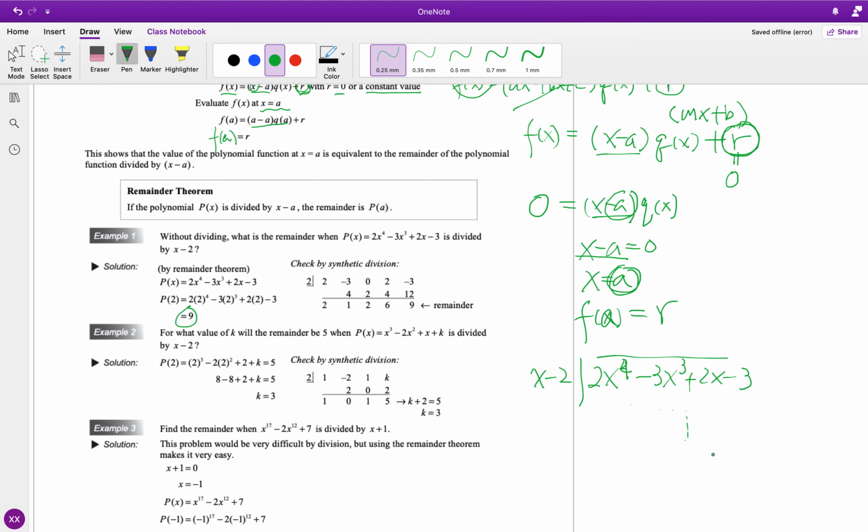In the end, you will have a remainder of 3. But using the theorem, we can just put this 2 into the x, calculate that, and that's your remainder. That is basically what the theorem is talking about. Okay.